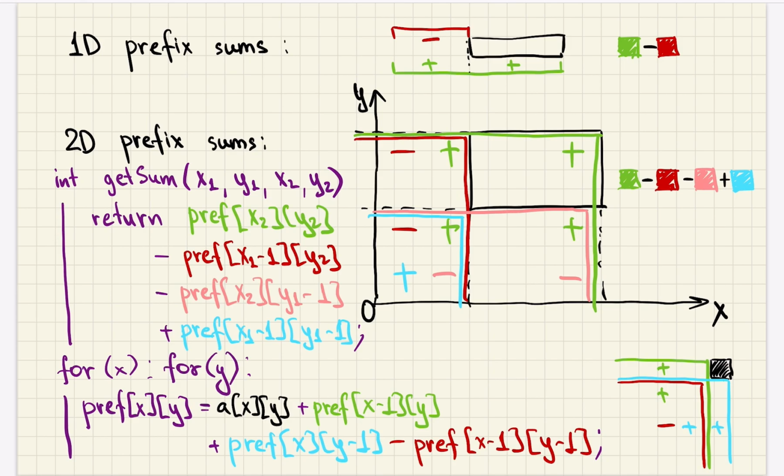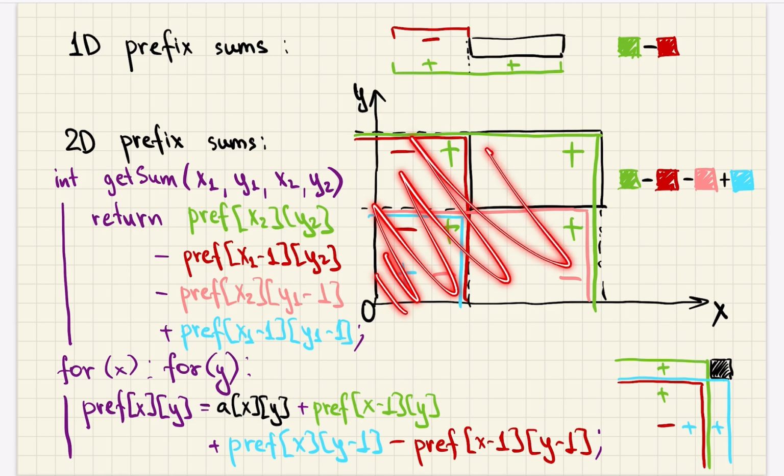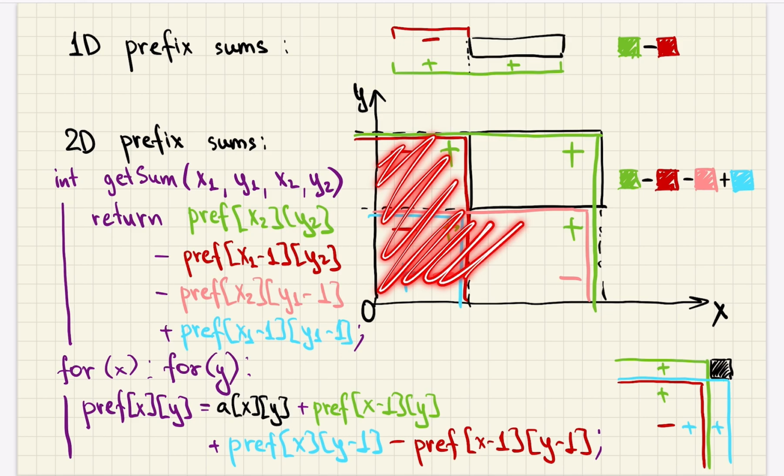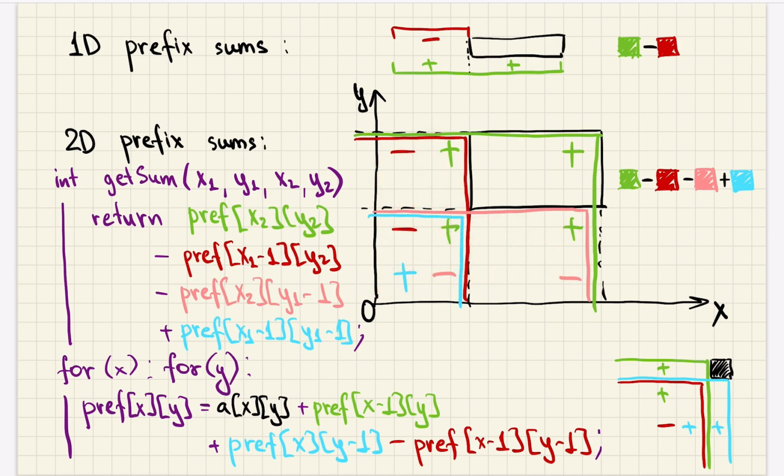And so when we want to calculate the sum on rectangle, we first add everything up to this corner, but then we can see that we have wrongfully added this figure. Let's try to remove it. How to remove it? Well, let's try to subtract this one and subtract this one, but then for this part we have added but then subtracted and subtracted again.